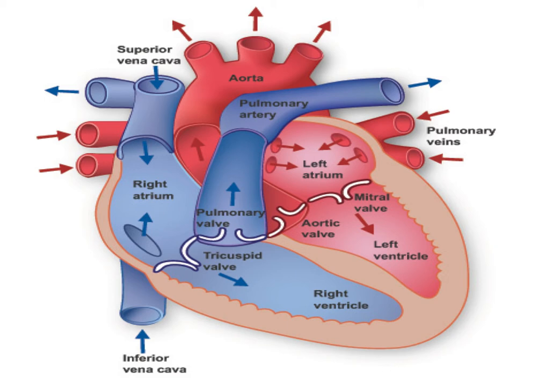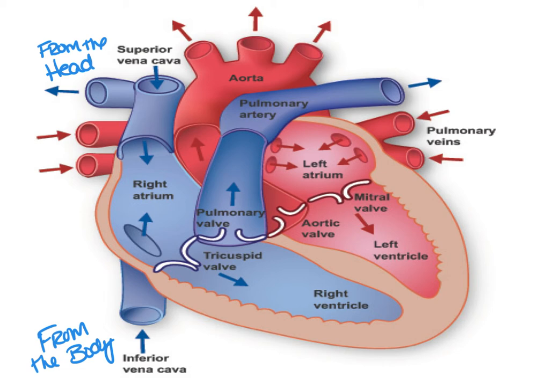All right. So let's talk about the blood flow through the heart really quick. The blood flows in from the head to the superior vena cava, and from the body into the inferior vena cava.